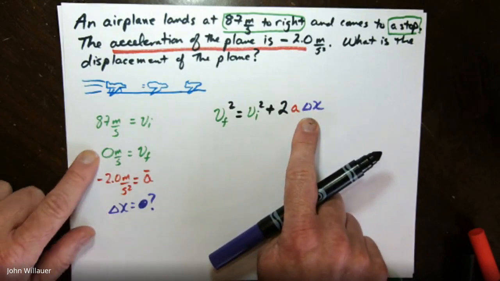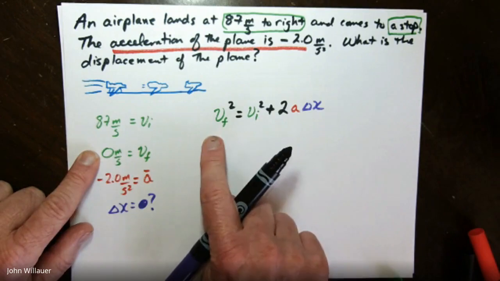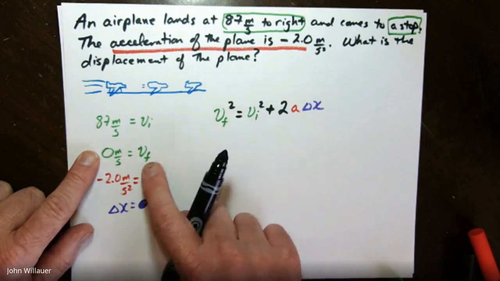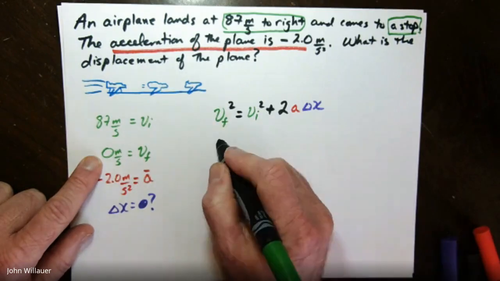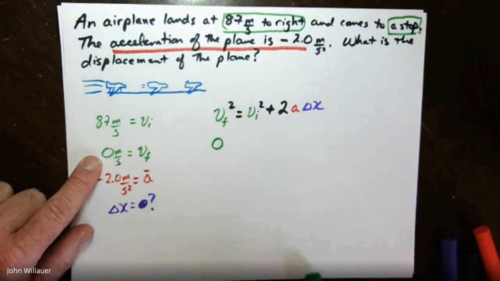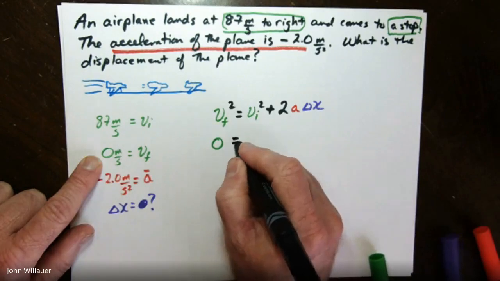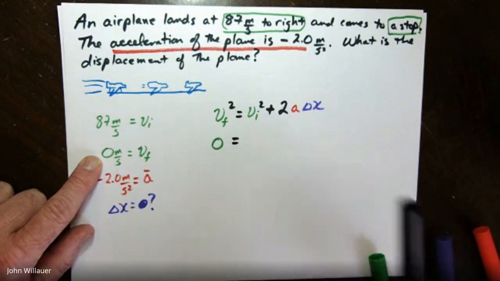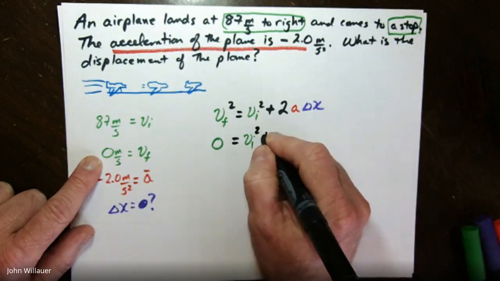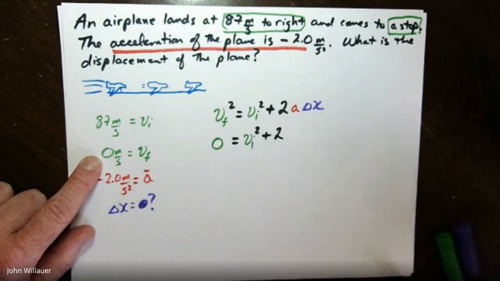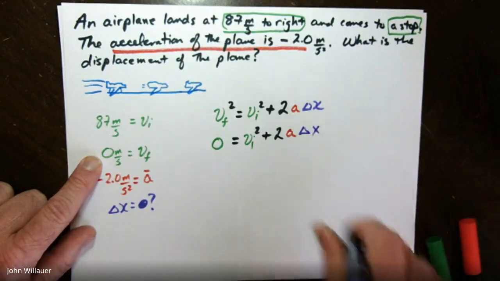So the first thing I'm going to notice here is that this side of the equation is going to be 0 because the final velocity is 0. 0 squared is 0. So I'm just going to say 0 here, and this will make doing this a little bit easier, equals my initial velocity squared plus 2a delta x.